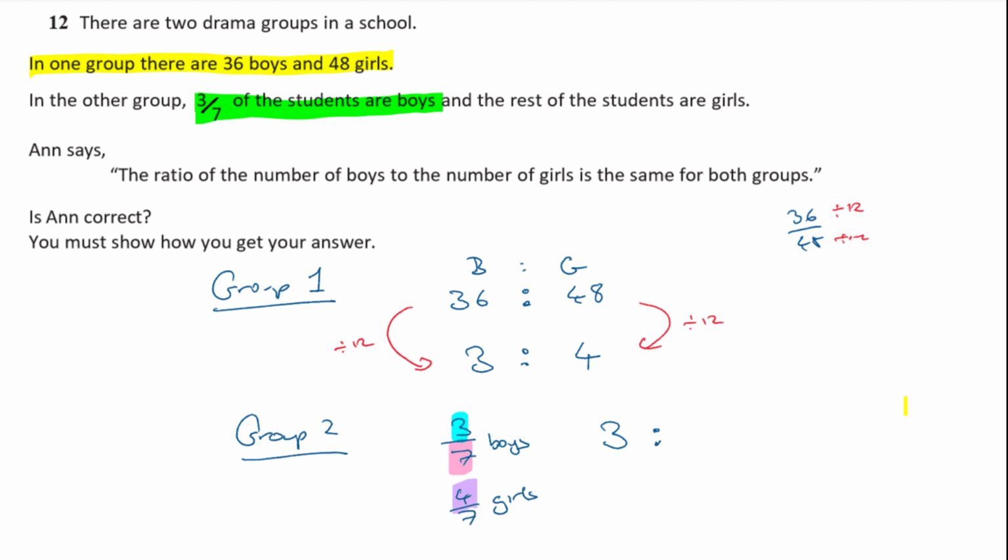You've got 4 girls for every 3 boys. So the ratio of boys to girls is again 3 to 4. So is Anne correct? Yes, she is. Anne is correct. Both groups have a ratio of 3 to 4.